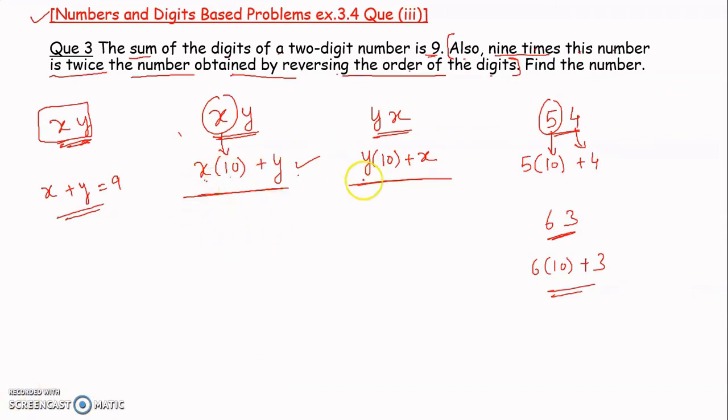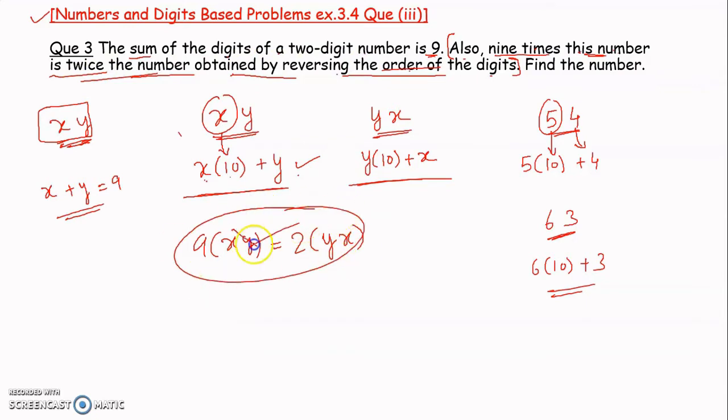Many students make a mistake here. They say 9 times this number, means 9 times xy, is equal to twice the number obtained by reversing the order, so twice y multiplied with x. This is wrong. Don't make this mistake. 9 times this number will be equal to twice the number with the digits reversed.